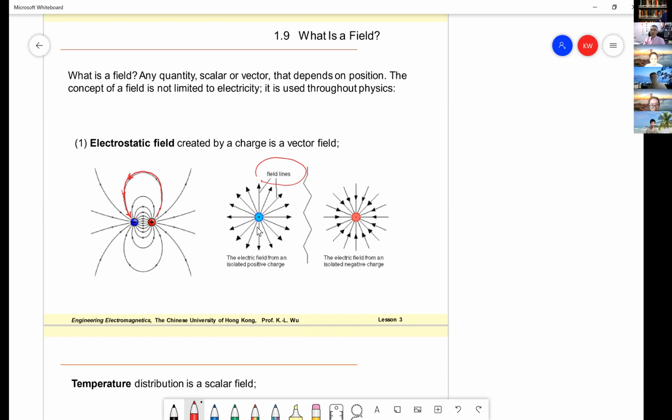So along each line, the field magnitude we consider is the same. That is what we call a field line.